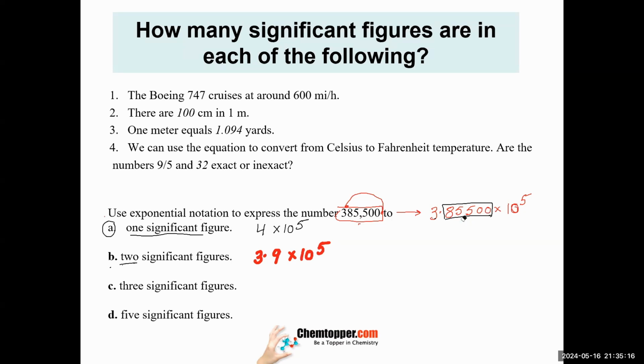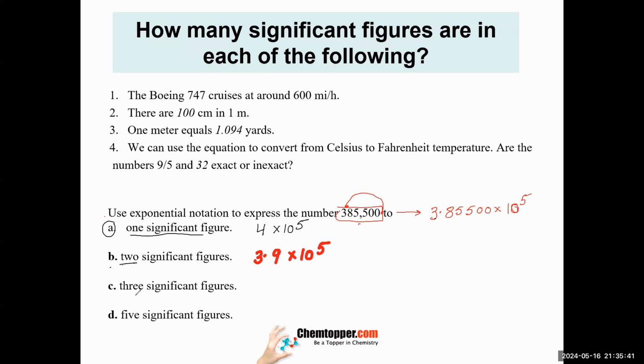So we are placing our number in the number of significant figures they are asking. What I did first, I converted my number in scientific notation. And then if they're asking one significant figure, I'm going to drop all these numbers. Then using the rules for rounding off, we are writing our answers.